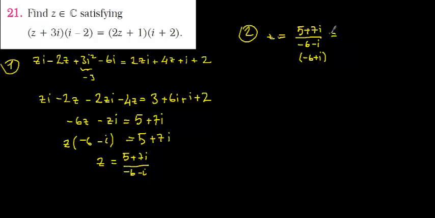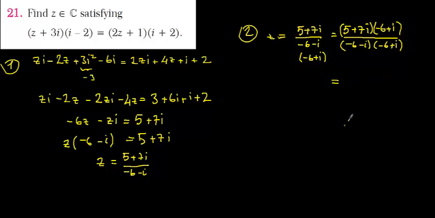We should multiply the numerator and the denominator by the conjugate, so we do not change the value. 5 plus 7i times minus 6 plus i over minus 6 minus i times minus 6 plus i.